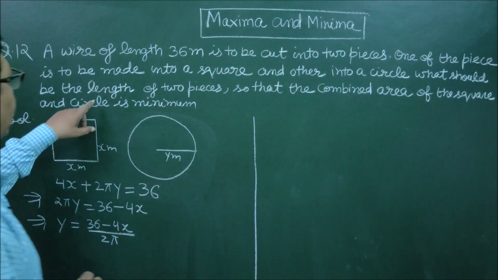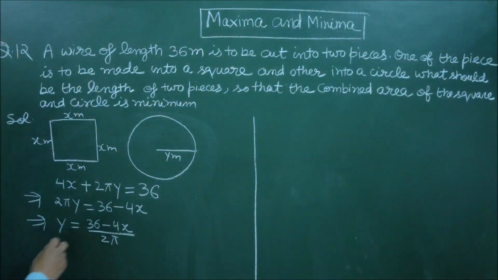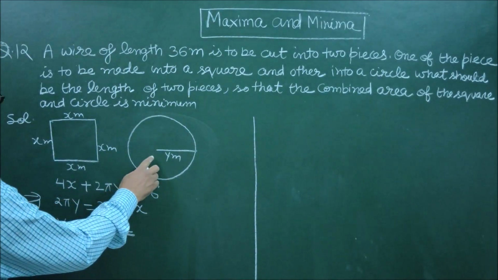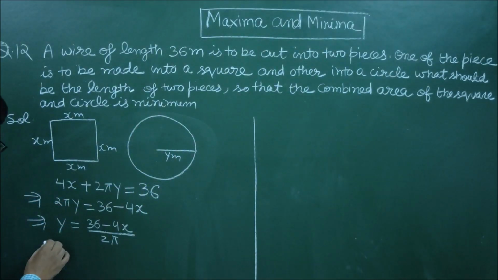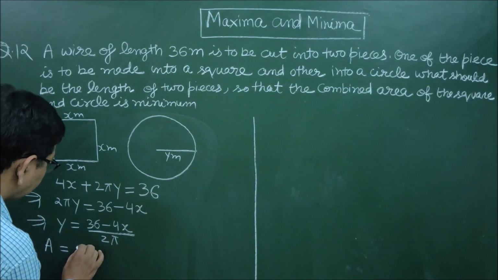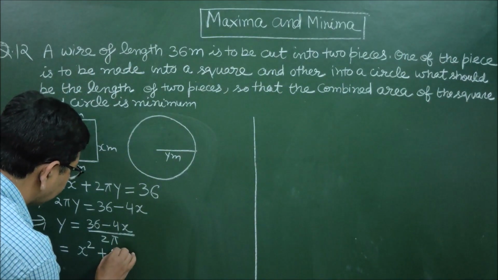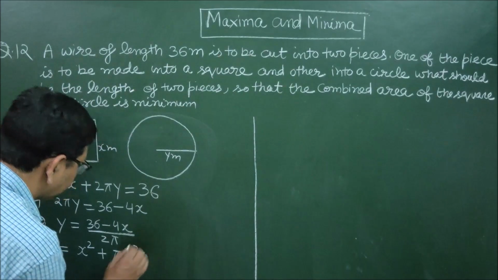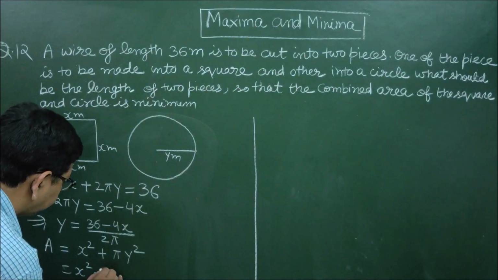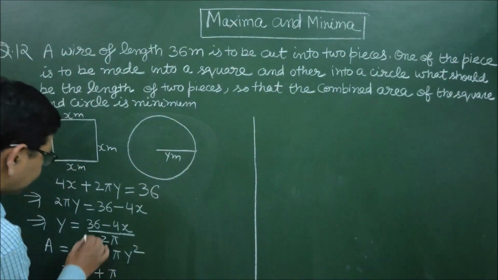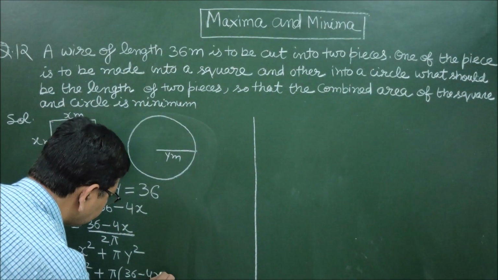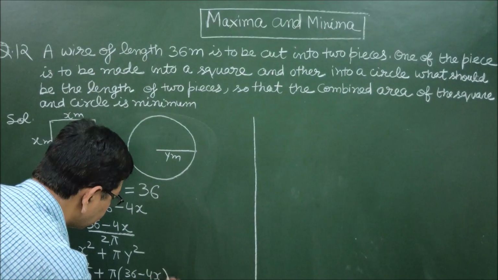Now the area is to be minimum, so let us find the combined area of the square and the circle. So the combined area A will be equal to the area of the square, x square, plus the area of the circle, pi y square. So x square plus pi times y, where y is 36 minus 4x upon 2 pi, whole square.